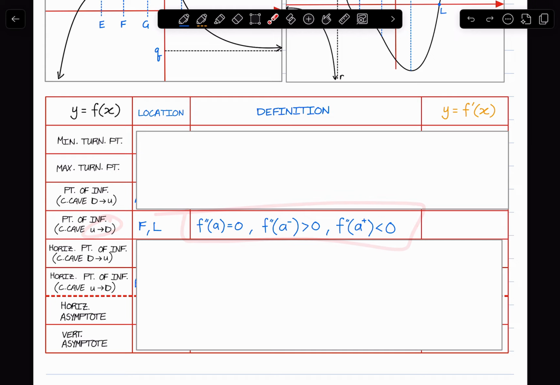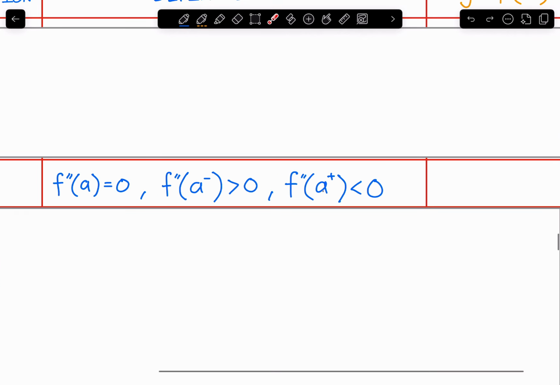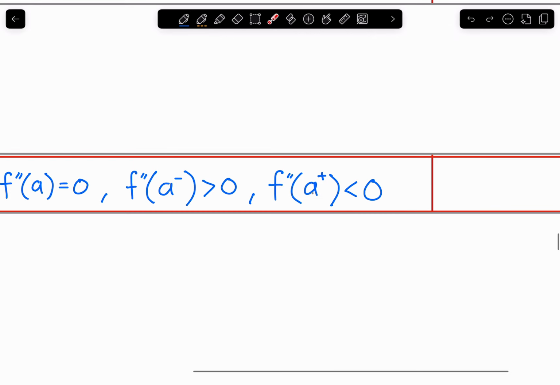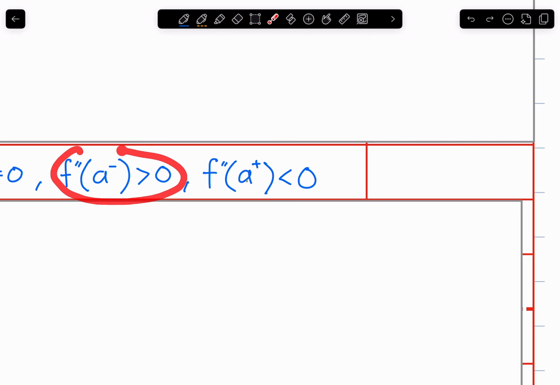You can see here, this is the definition of a point of inflection. I'm specifying it here to show you. It says the second derivative is equal to 0, and now clarifying, a to the power of negative just states a value to the left of a, and a positive is a value to the right of a.